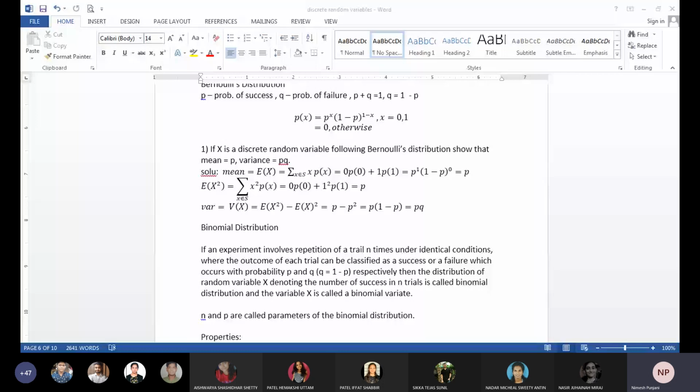So in the binomial distribution also, you repeat an experiment n times under identical conditions. For the Bernoulli trial, the simplest example was tossing a coin.